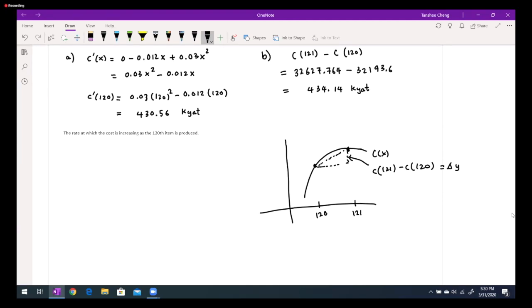We can already see that it's very close to the slope of the tangent line, which is the instantaneous rate of change at this point right here, C prime of 120. So we know that these two values are very close. Later on, we're going to talk about derivatives and how to approximate the function value, in 2.9, which is about approximations.